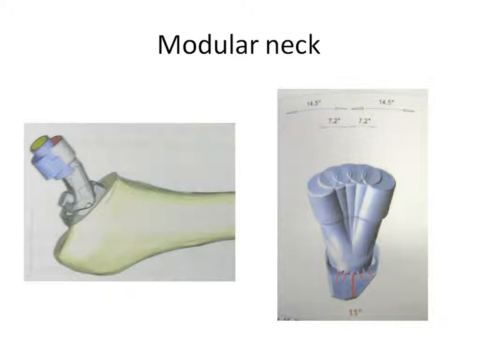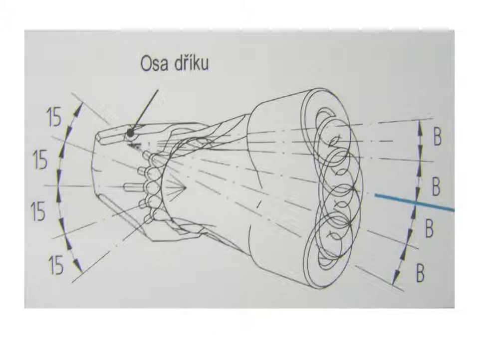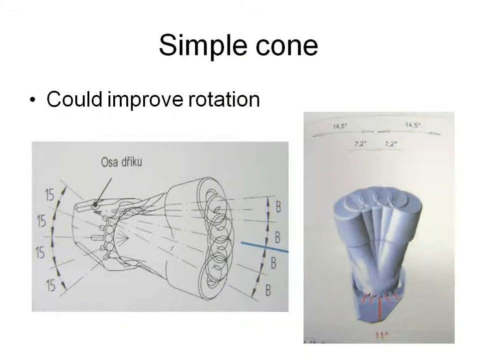I think this is the most modular concept in up-to-date production of hip prosthesis. You can see that the rotation could be made of 15 degrees each side. So you can have really good choice how to balance and how to well fix your hip prosthesis.